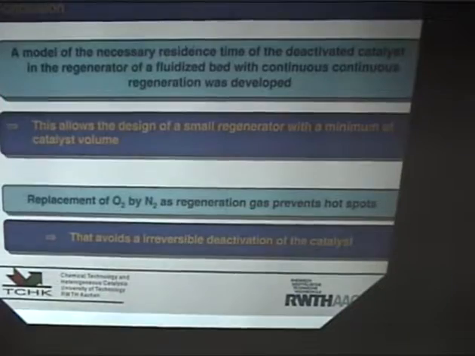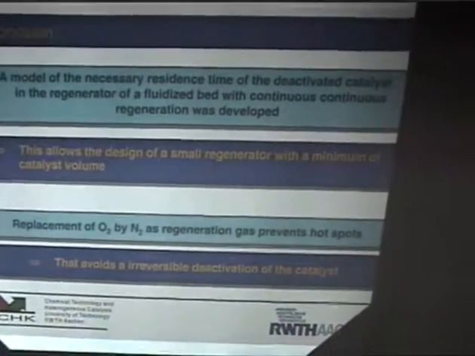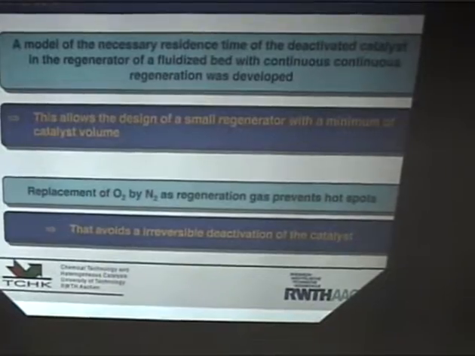And that enables us not only to find the optimum regeneration conditions, it also enables us to determine the volume of our regenerator, whether we need a big volume or a small volume. Furthermore, we could demonstrate that instead of oxygen, we can use nitrogen for the regeneration. And that prevents hotspots and avoids irreversible deactivation of the catalyst, I mean, the long-term deactivation of the catalyst.